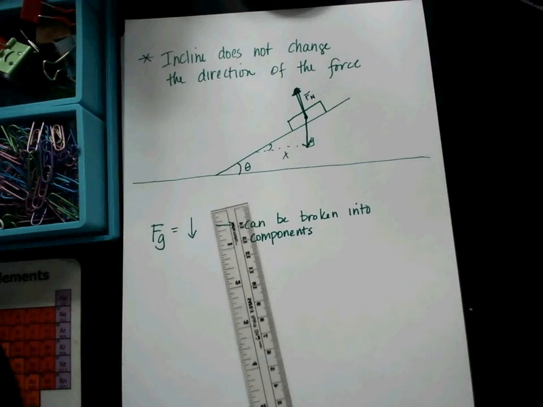What other force has to be acting on that board? Or on that book, I should say. See if you can answer that. What other force has to be acting on the book? Amelia, what do you think? Friction, why'd you pick that? Because it's not moving.